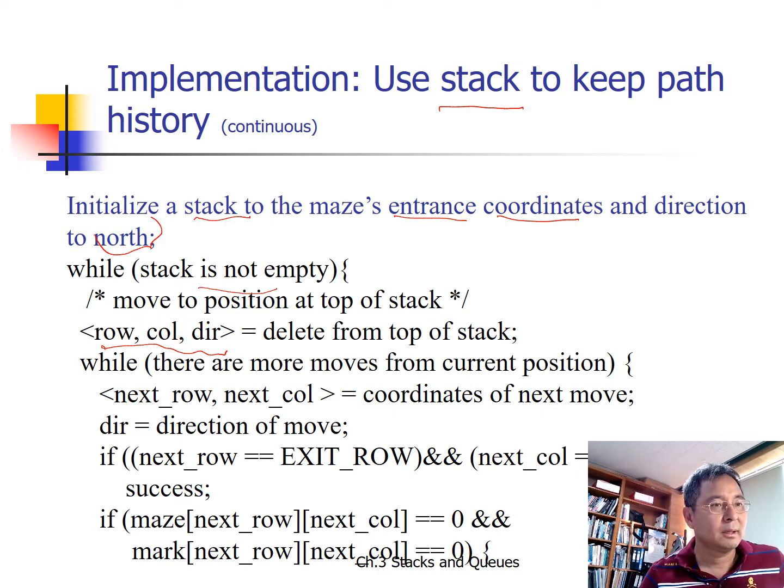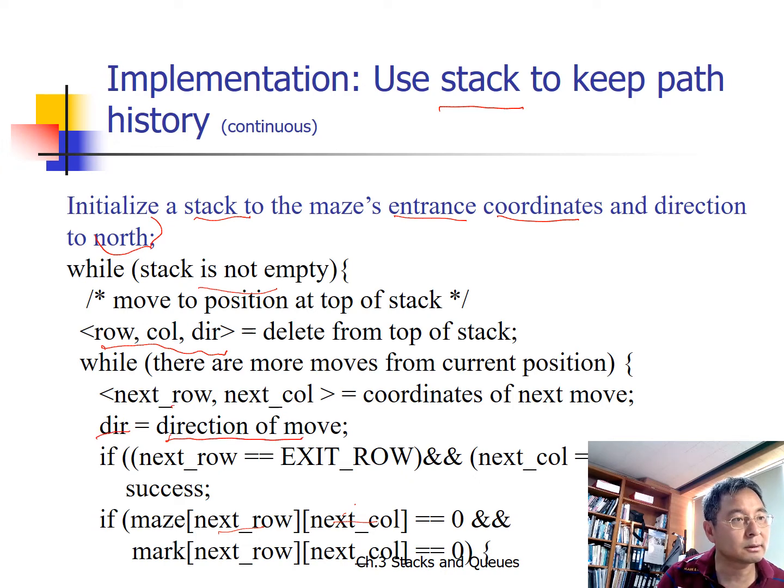And if we meet a possible direction to move, we will calculate the next row and next column. And dir means the direction of the move.